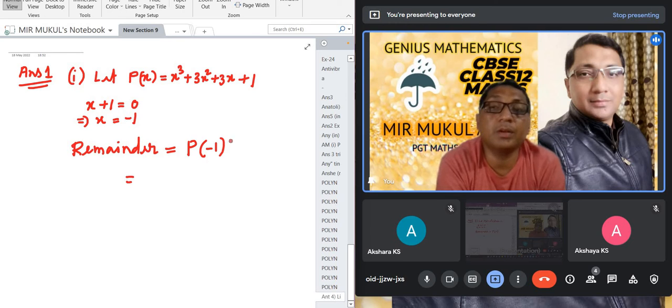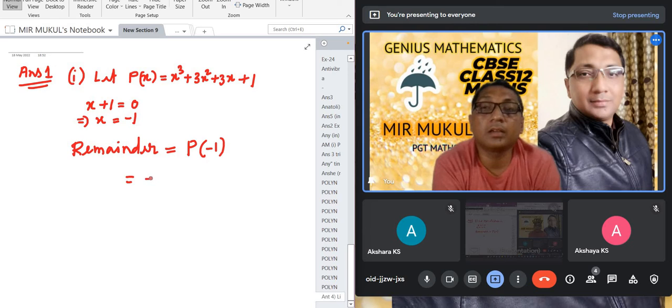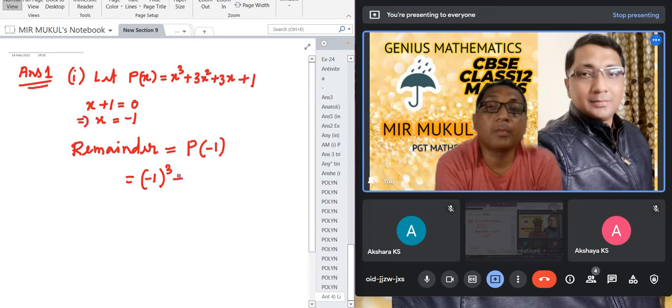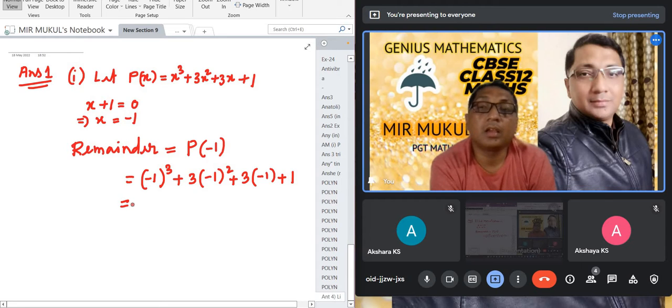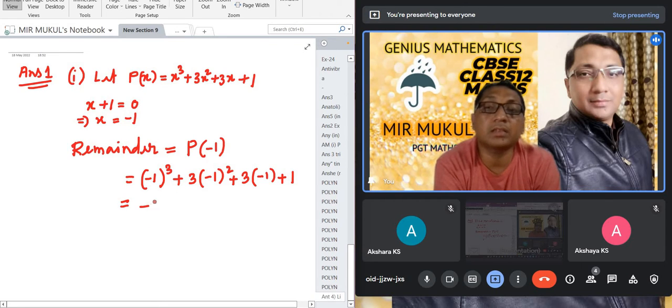Now P(minus 1) means in place of x we have to write minus 1. So minus 1 cube plus 3 into minus 1 square plus 3 into minus 1 plus 1. Minus 1 cube is minus 1. Minus 1 square is 1.